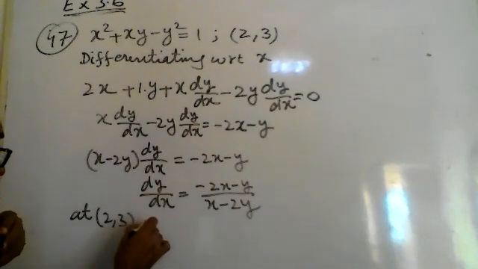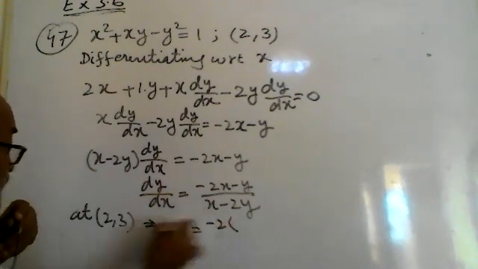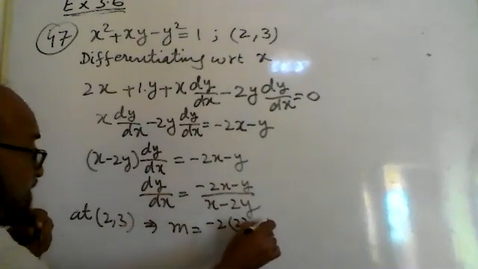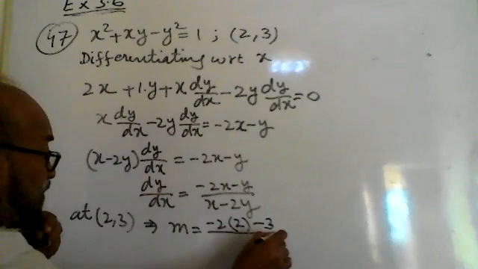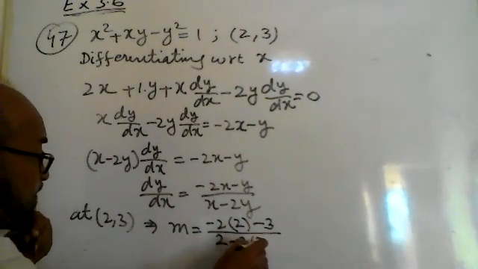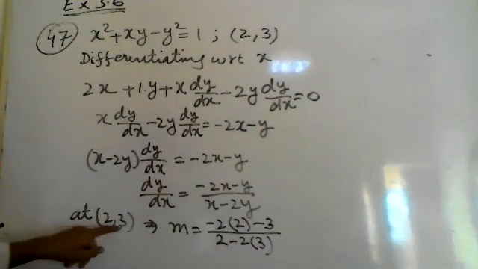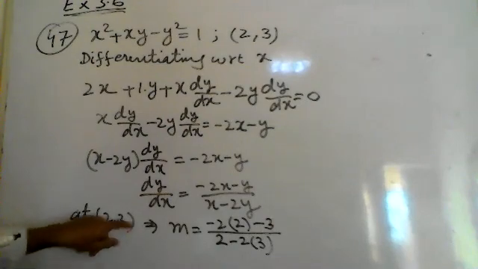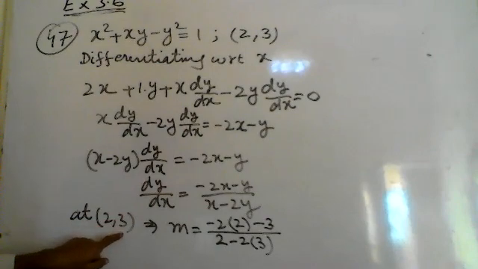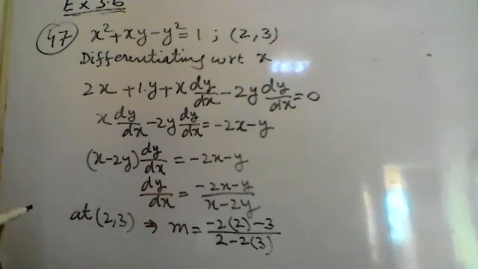At 2, 3, m will be equal to minus 2, x is 2, minus y, y is 3, upon x is 2, minus 2 into 3. x and y in dy upon dx are replaced by x1, y1, so dy upon dx will become m.